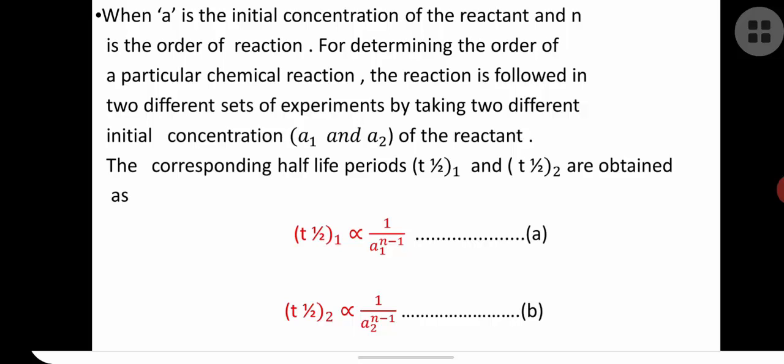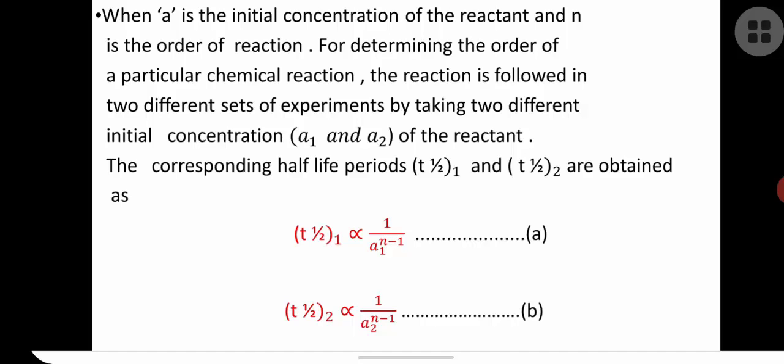The corresponding half-life periods, that is t half 1 and t half 2, are obtained. t half 1 is directly proportional to 1 upon A1 raised to n minus 1. It is equation A. Similarly, t half 2 is directly proportional to 1 upon A2 raised to n minus 1.